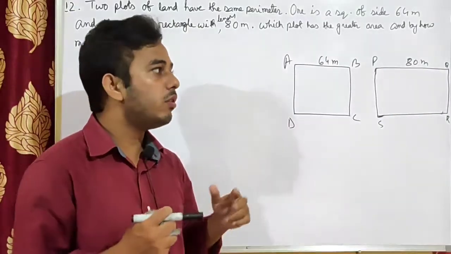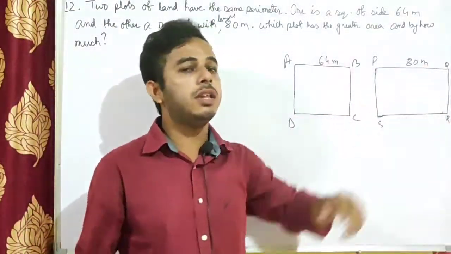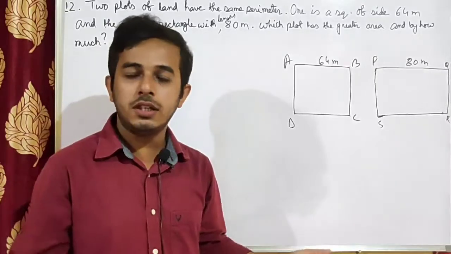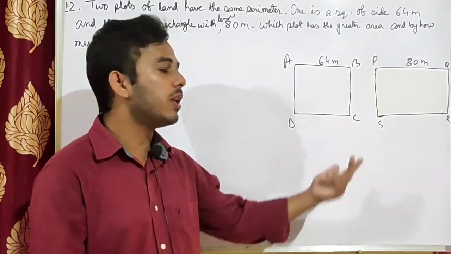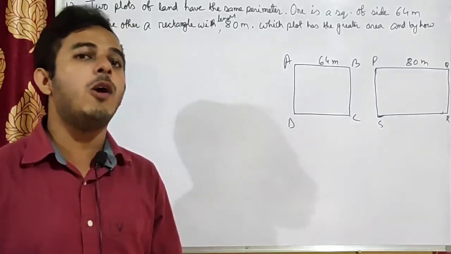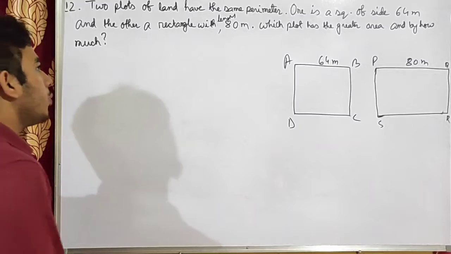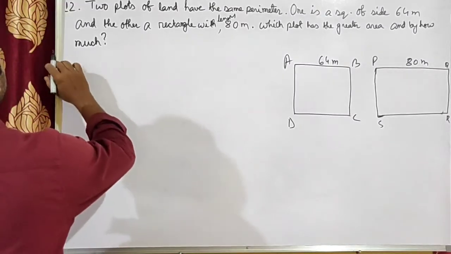Now if we know the perimeter of the rectangle and we also know the length, then we can easily find the breadth. If we find breadth, we can find the area of both figures, and then we can say which one is greater and by how much. So first of all, let us write the information given in the question, and then we shall proceed one by one.